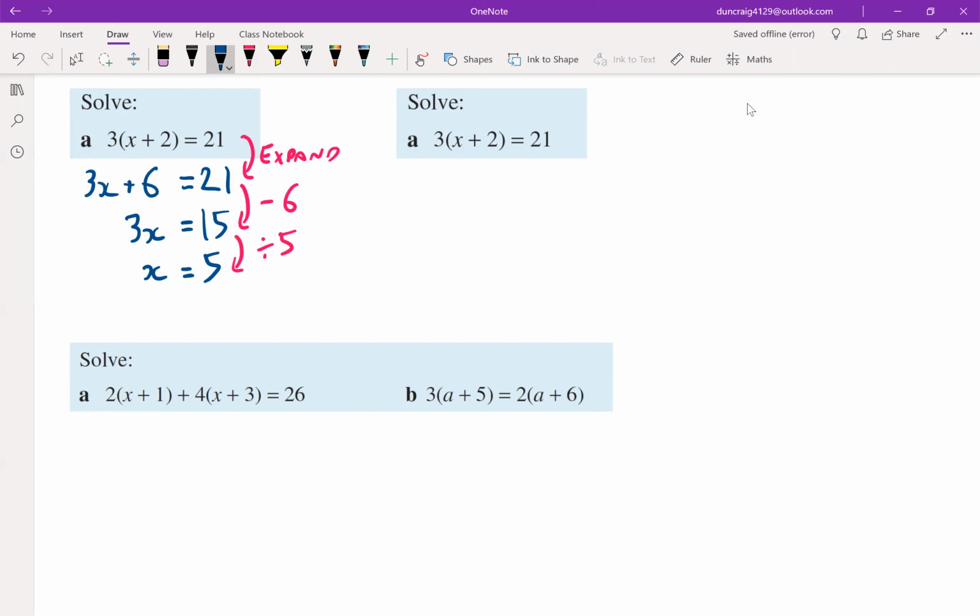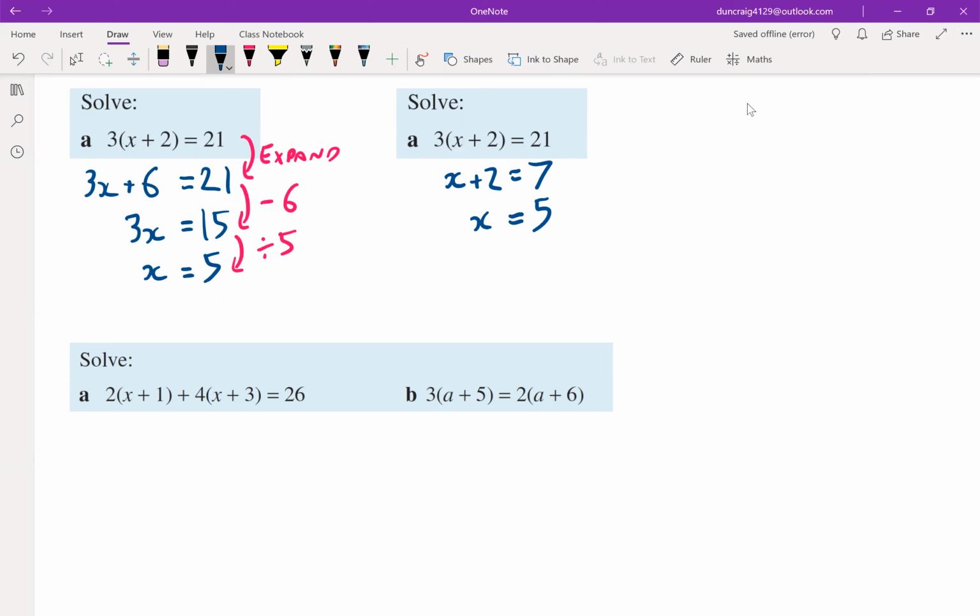Alternatively, you can get rid of the 3 first up. Because 3 is a factor of x plus 2, and I can divide 21 by 3 as well. So I divide both sides by 3. That leaves me with just x plus 2, keeping my equals in line. 21 divided by 3 is 7. Then I get rid of the 2, so x is equal to 5.